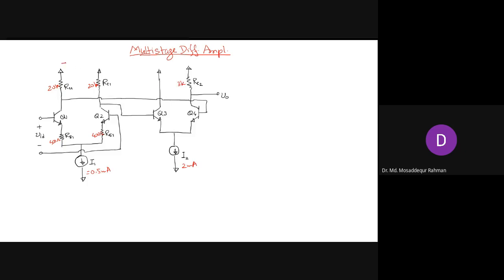So that was the multi-stage differential amplifier that we introduced in our last class. We wanted to achieve high input resistance and at the same time high voltage gain.